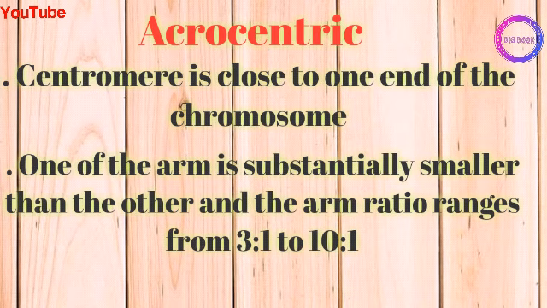It means the whole chromosome is going to have a single large arm, whereas the other arm will be very tiny. One of the arms is substantially smaller than the other, and the arm ratio ranges from 3:1 to 10:1. So this is how the arm ratio differs within the acrocentric chromosomes.